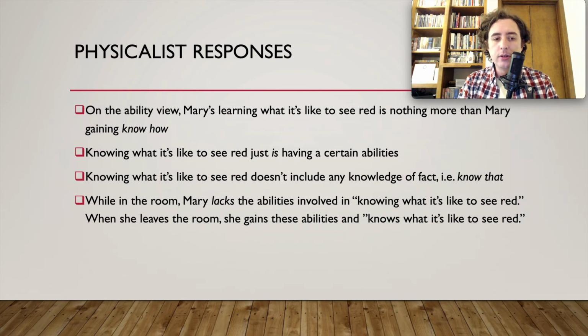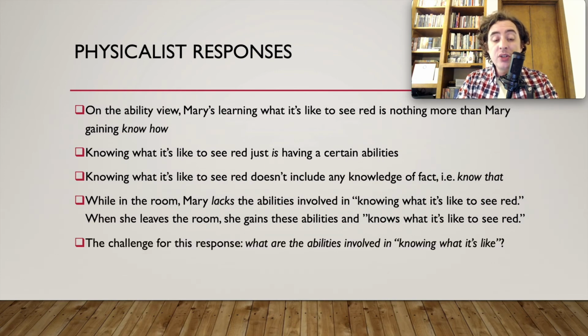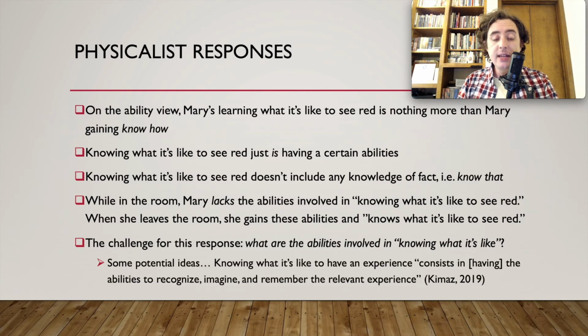The challenge for this response is trying to describe what these abilities are that make up knowing what it's like. The main idea here is that knowing what it's like to have an experience just consists in having the ability to recognize, imagine, and remember the relevant experience.